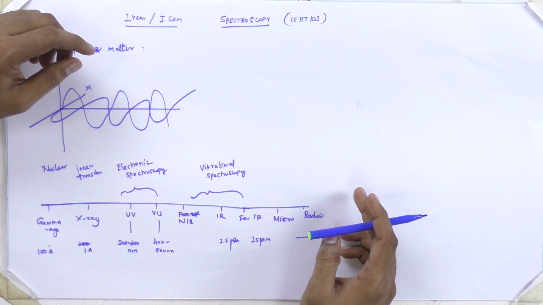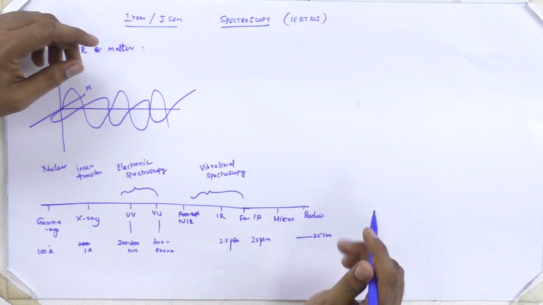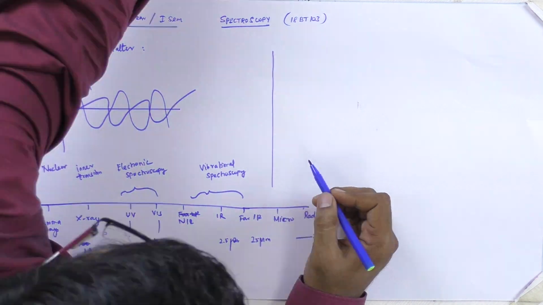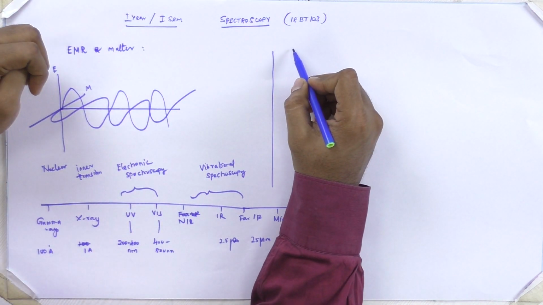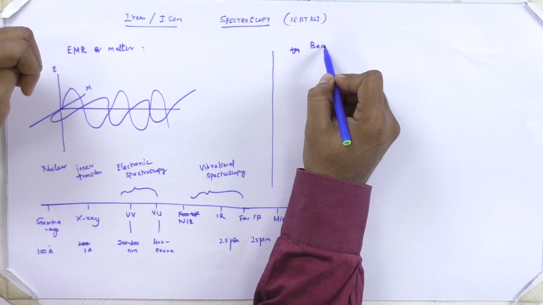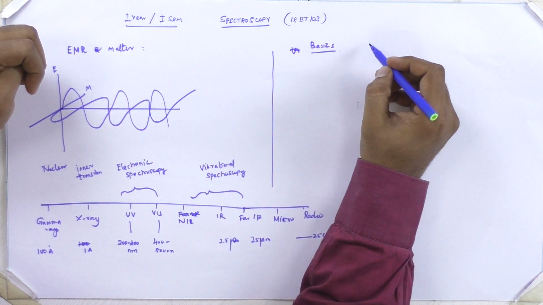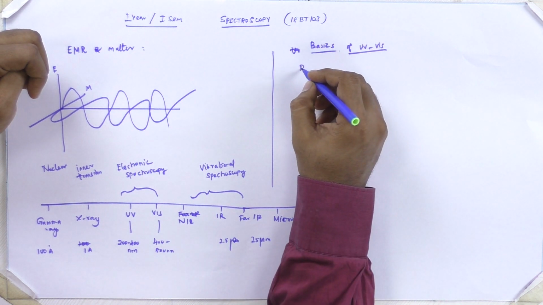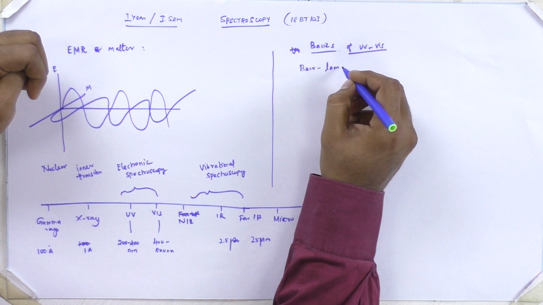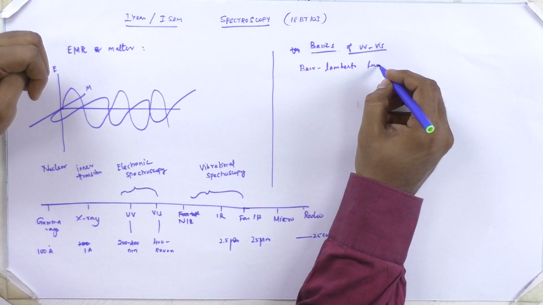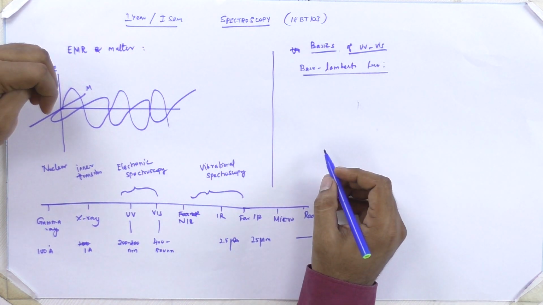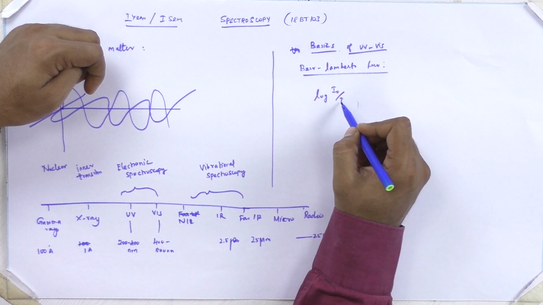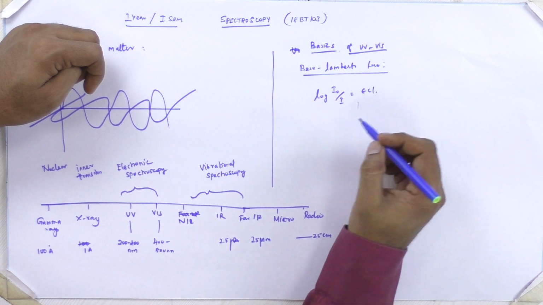Now we are going to see UV visible spectroscopy. As I already told, it is an electronic spectroscopy. Now we are going to discuss the basics of UV visible spectroscopy. Beer-Lambert's law is the basic principle of UV visible spectroscopy. So what is Beer-Lambert's law? log I0 by I equals epsilon CL.